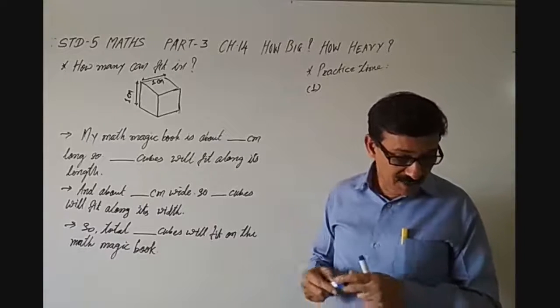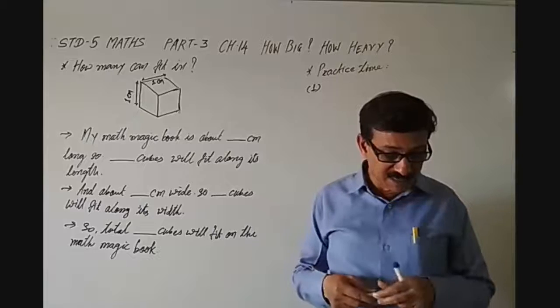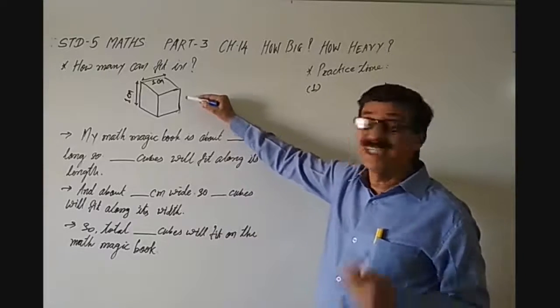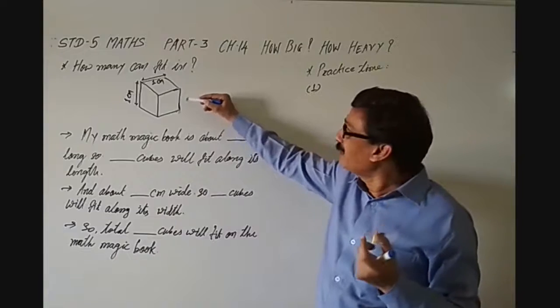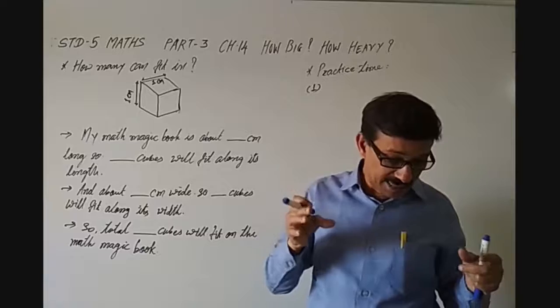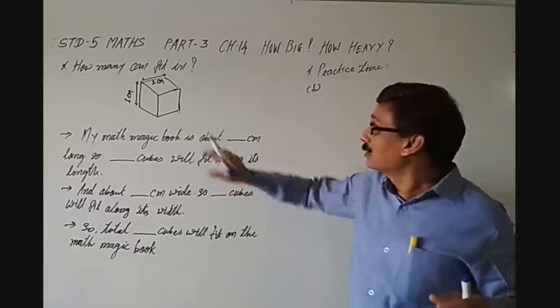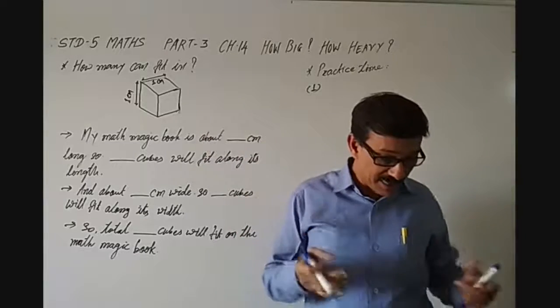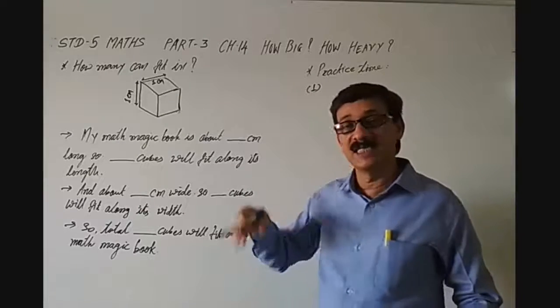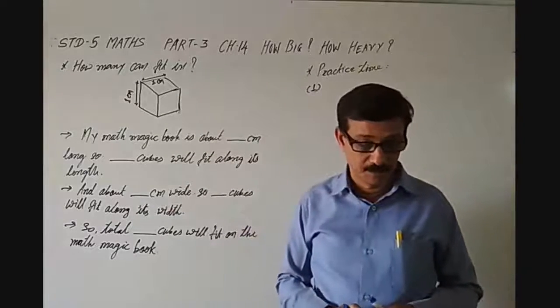How many centimeter cubes will take the same space as your mathematics book? This is a small cube. So how many of these small cubes will occupy the same space as our mathematics book?